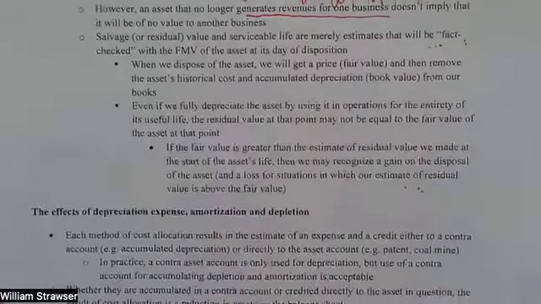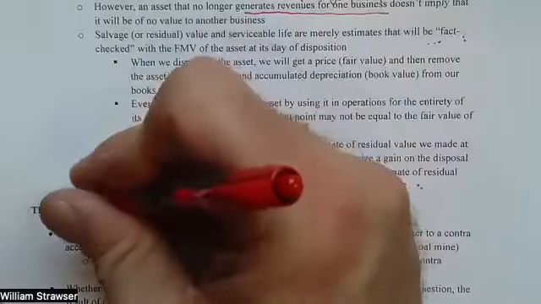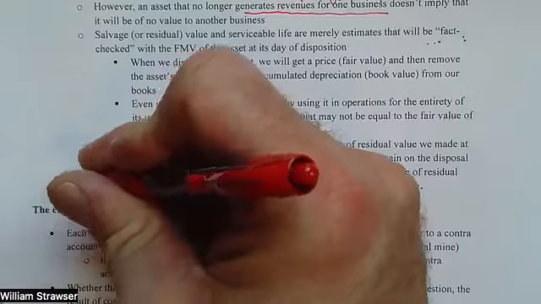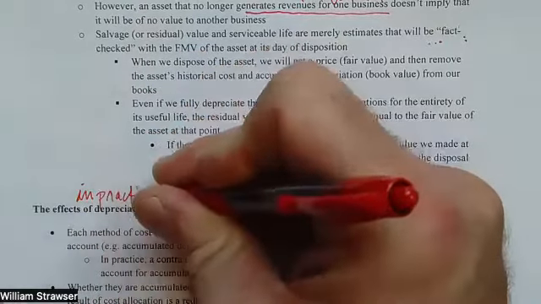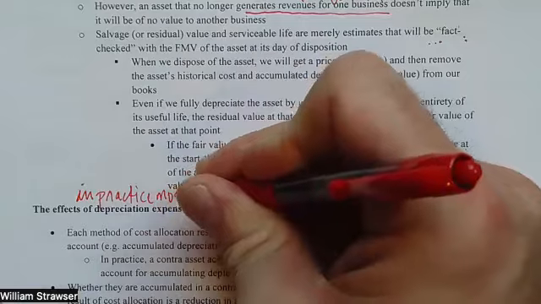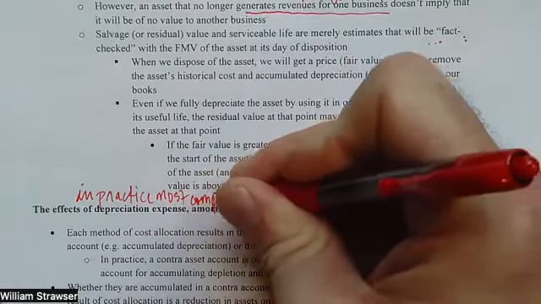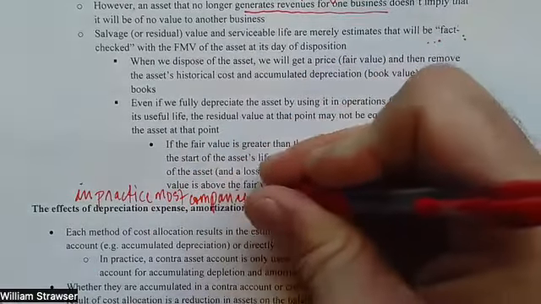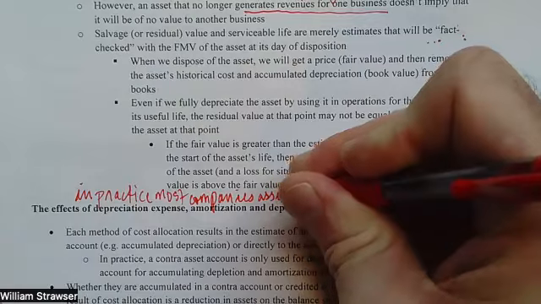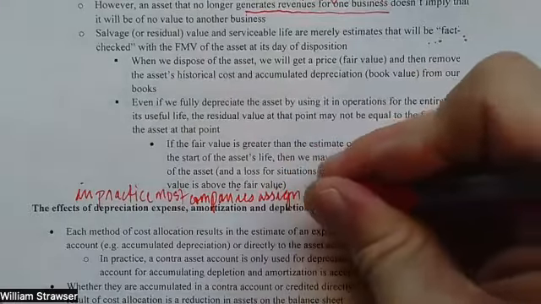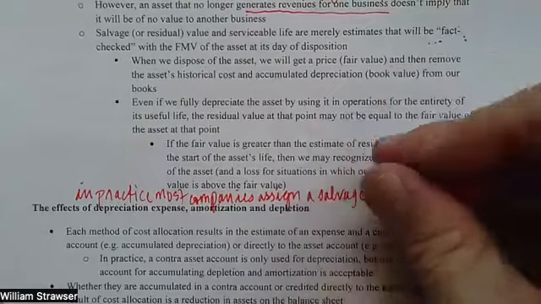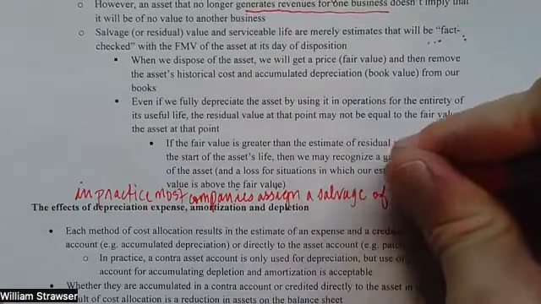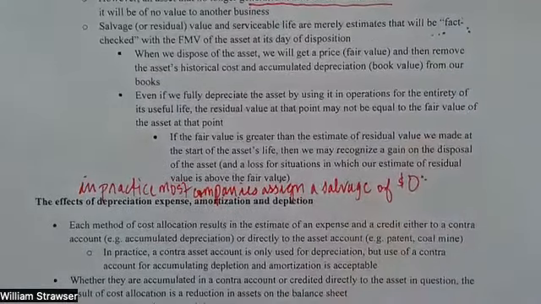And on top of that, in practice, most companies do assign a salvage of zero to all assets. They don't even bother trying to come up with a fair value estimate. It's basically just a way of simplifying the calculation.